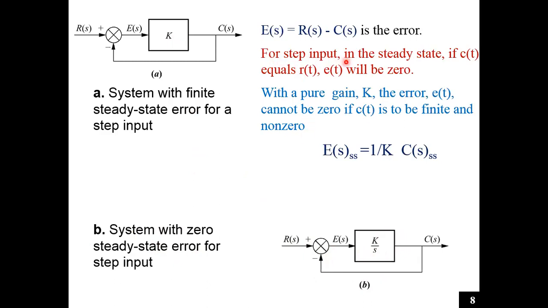For unit step input, in the steady state, if c(t) equals r(t), error will be equal to 0 because R minus C will be equal to 0. But for a pure gain, the error cannot be 0 if output is to be finite and non-zero. So by using an integrator, we can make this error equal to 0.